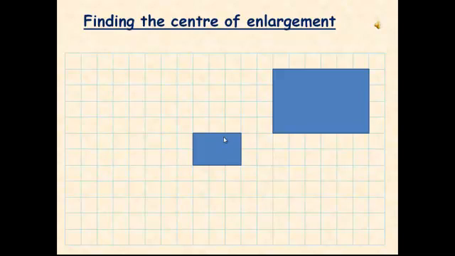Now we want to find the center of enlargement. I have this rectangle and I have an enlargement of my rectangle. If I want to find the center, I have to match between the edges of both of them.